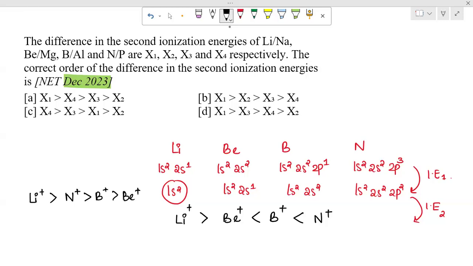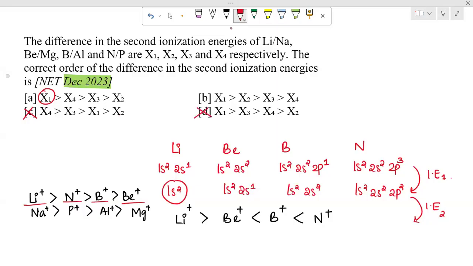The same trend will be followed by the next period also: sodium plus, then below nitrogen we have phosphorus, below boron we have aluminium, and below beryllium we have magnesium. If this is the trend, the ratio will also follow the same trend. So lithium by sodium, which is X1, will show the highest value. It's not C. Beryllium by magnesium, which is X2, will show the lowest.